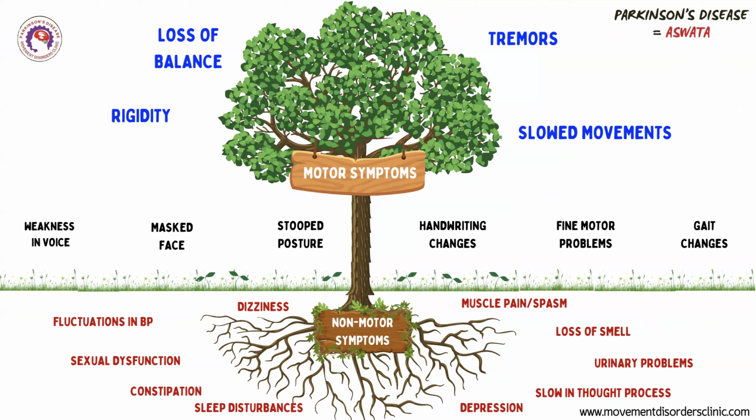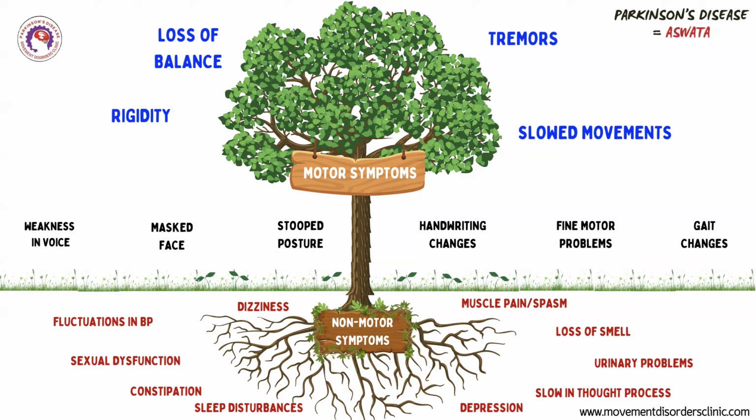When you come closer to the tree, you can see a lot of smaller symptoms such as change in the voice, masked faces, stooped posture, handwriting changes, fine motor issues, gait and balance issues, which can be noticed when you start observing the person more closely, well above the ground level, and can easily be appreciated. When these are easily appreciated, we call them motor symptoms.